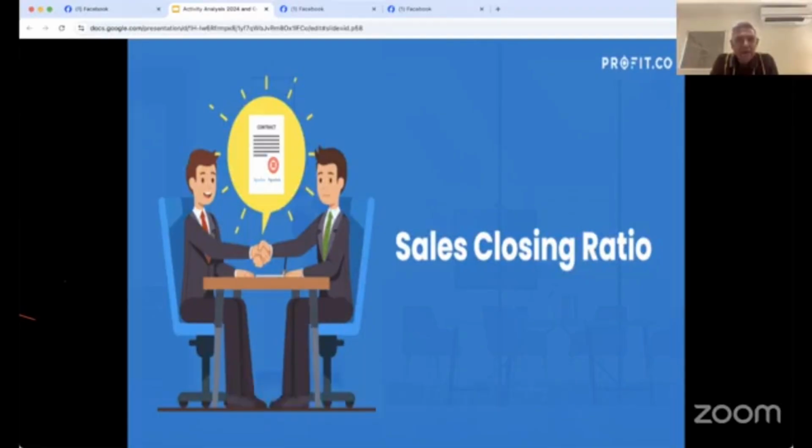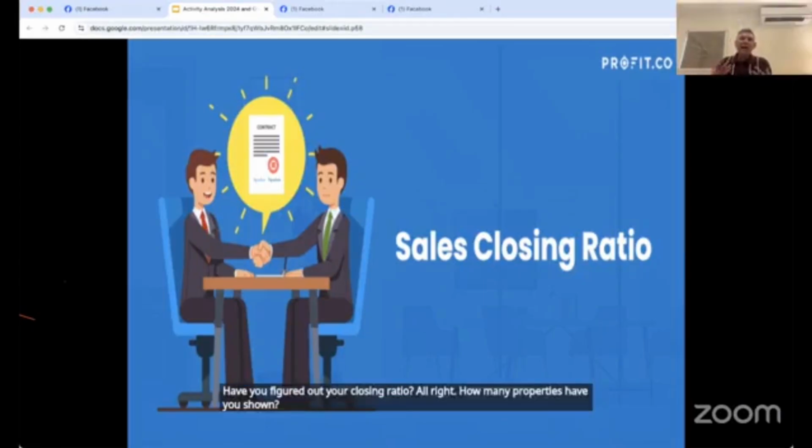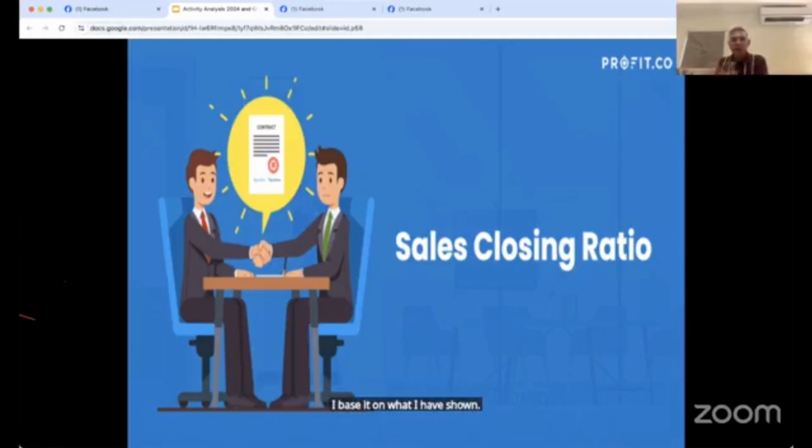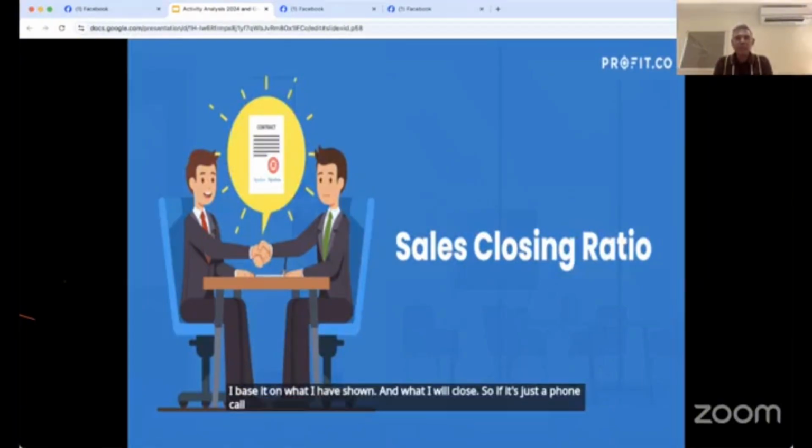Have you figured out your closing ratio? How many properties have you shown? I base it on what I have shown and what I will close. So if it's just a phone call, I don't count that in. But if I show a property to clients, I showed 5 properties and was able to close 1, then that's a 20% closing ratio.